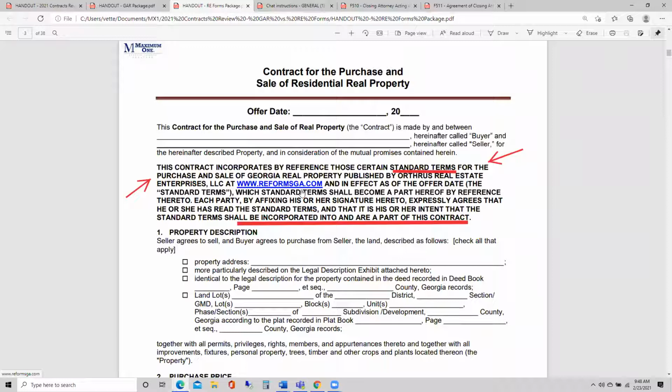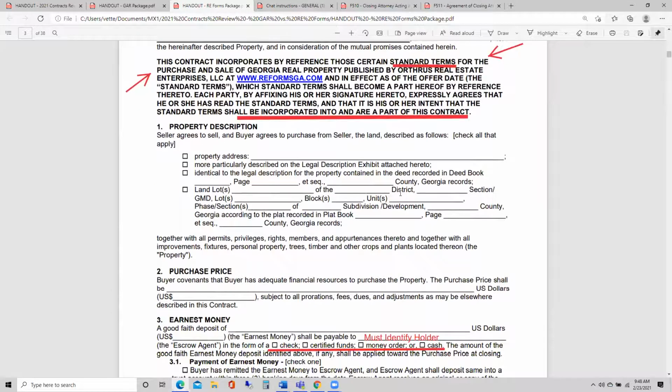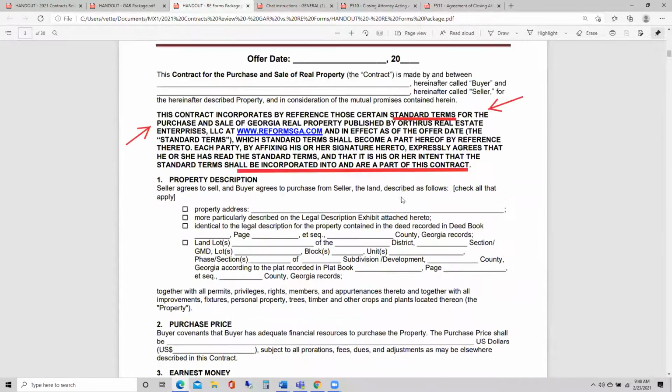that they have read the standard terms and that it is their intent that the standard terms are incorporated as part of this contract. That means when they sign this 5-page contract, they're saying they've gone online to this website, they've read these standard terms.